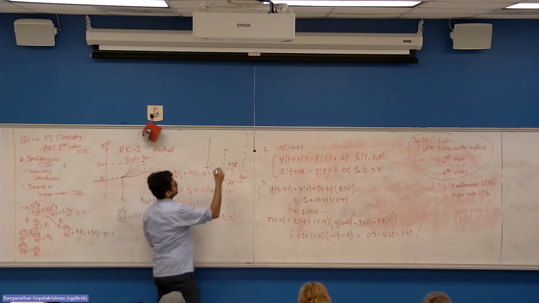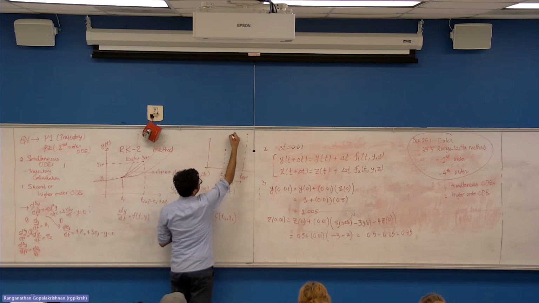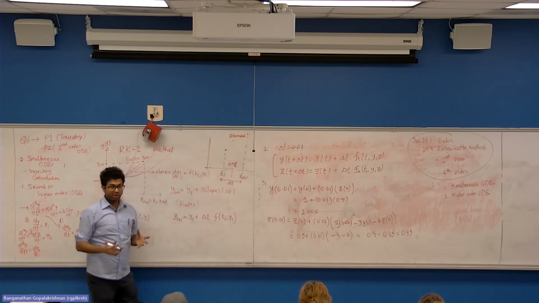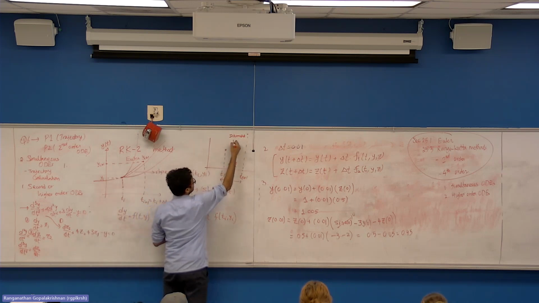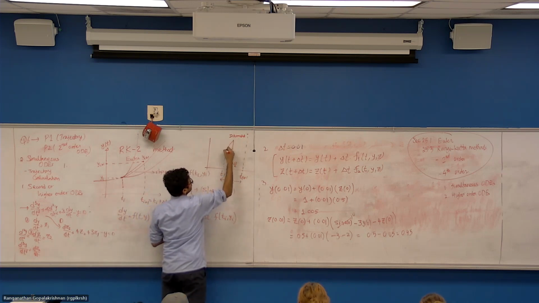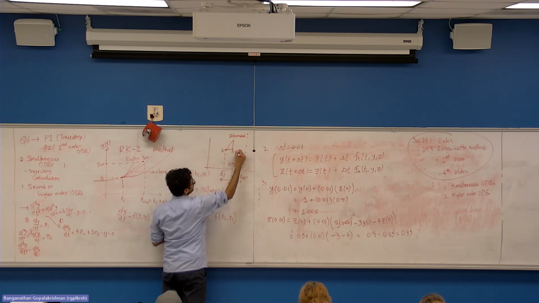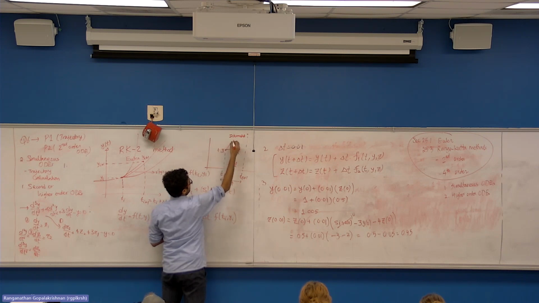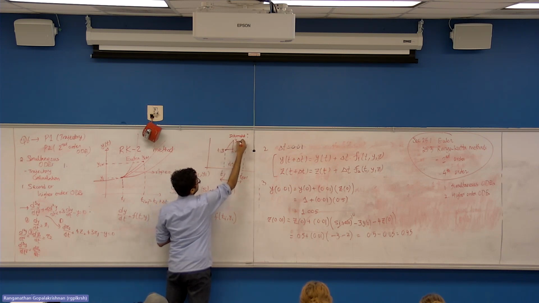Then you calculate an intermediate value based on this triangle. So this is ti, this is ti plus delta t over 2, and this is yi, and this is y intermediate.